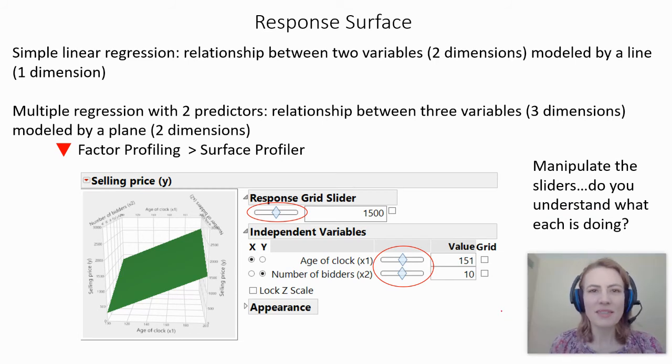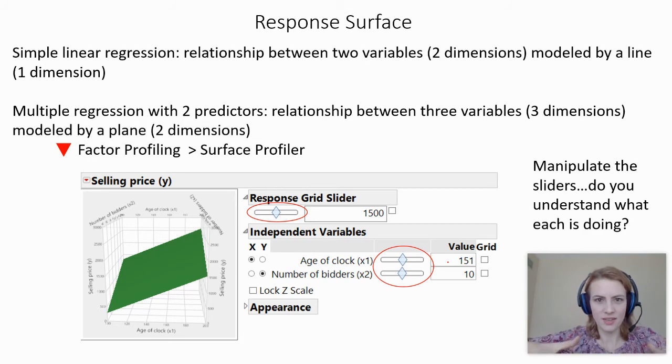All right, so in simple linear regression, we had two variables, x and y, which is 2 dimensions, and we made a model that was in 1 dimension, a line. So we went 1 dimension smaller. In a multiple regression, if we have 2 predictors and the response variable, we start with 3 variables, go 1 dimension lower, and we can represent this in 2 dimensions with a plane.